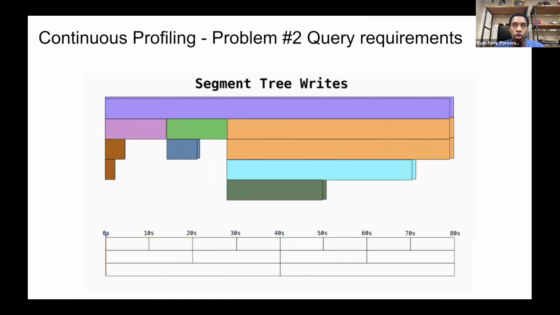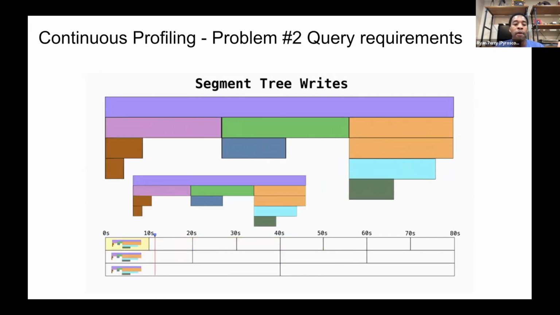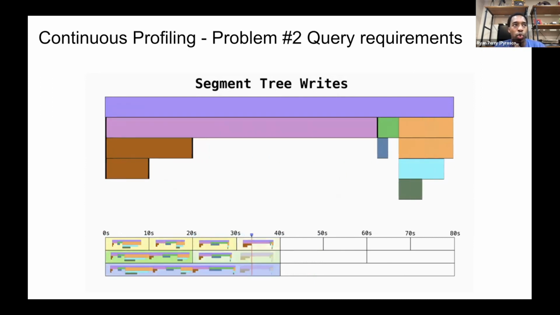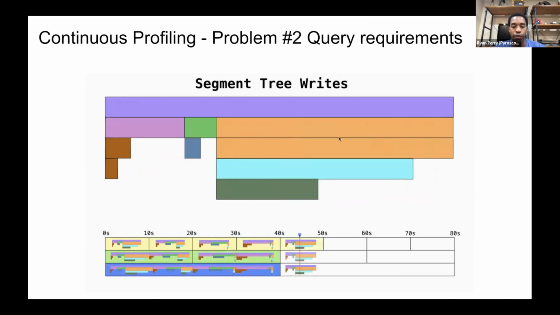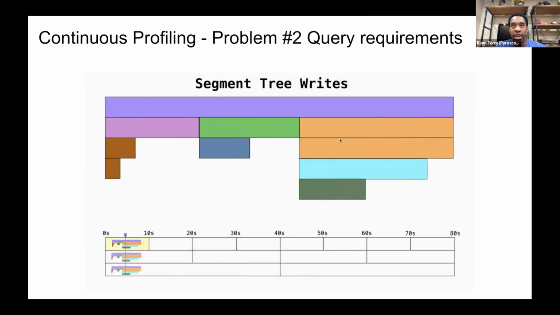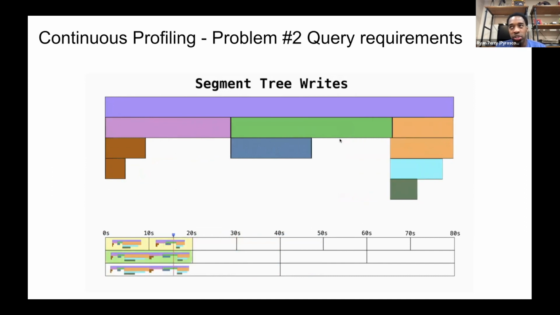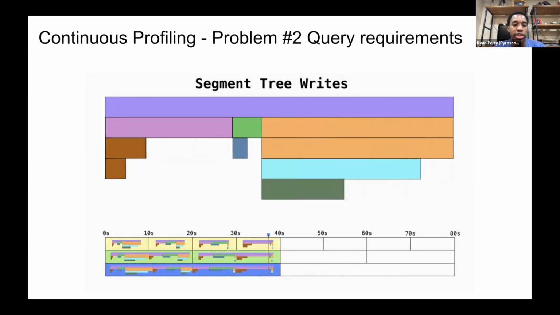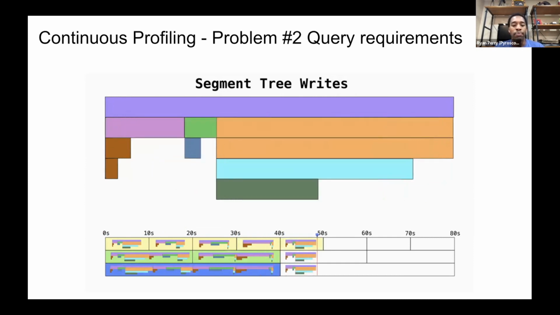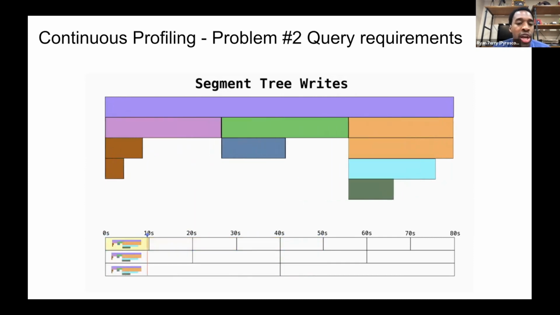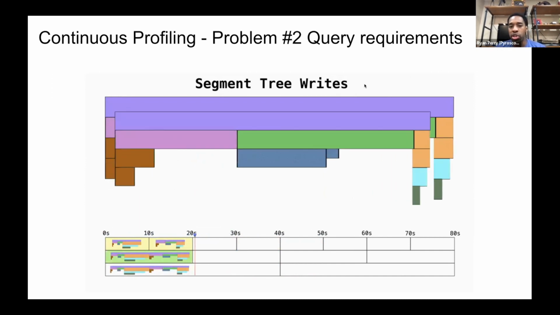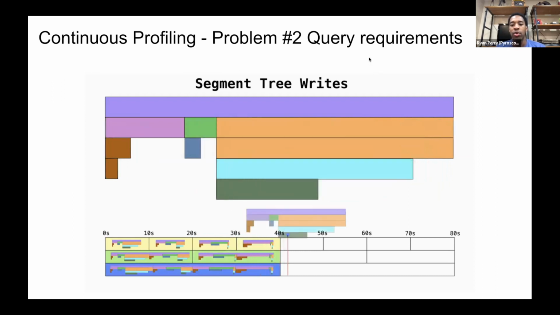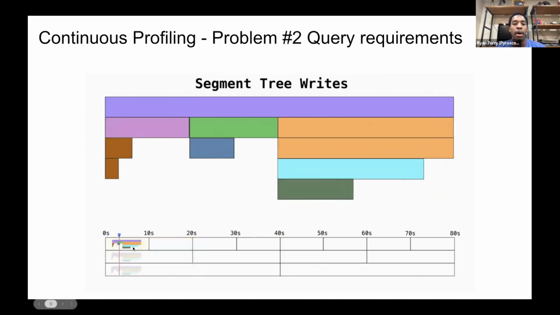Let's say you want to query a year's worth of data, and you're storing that data in 10-second segments. You'd have to perform something like 3 million merges to aggregate each 10-second tree into one giant year-long tree.